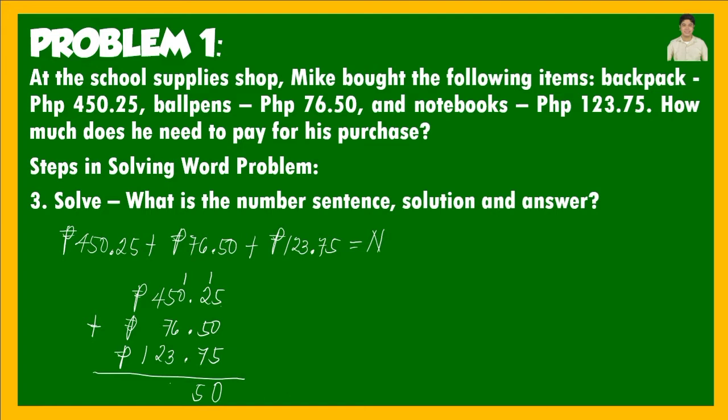Sulat po natin is 0 and then i-regroup po natin yung 1. 1 plus 5, we have 6 plus 7, 13 plus 2, 15. We'll write 5 and then regroup natin yung 1. And then finally, 1 plus 4, that is 5, plus 1, 6. Sulat natin yung peso sign, since money po kasi ang pinag-uusapan natin. And then, yung decimal point natin is itapat lang po.